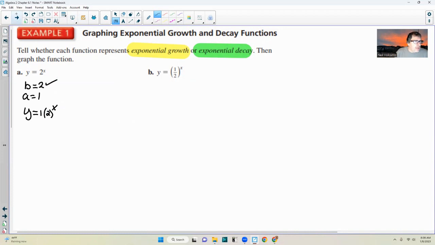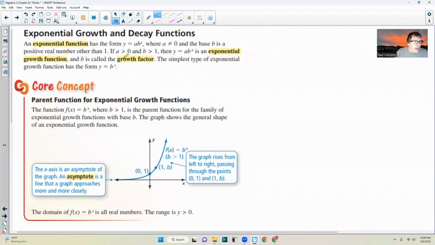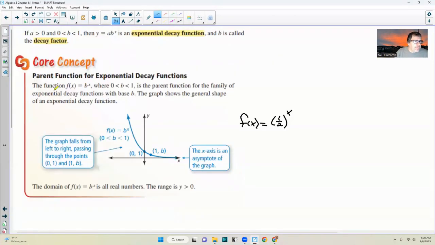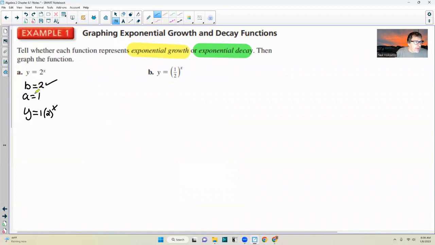And when B is 2, if I go back, okay, if B is greater than 1 and A is greater than 0, A is 1 in our case, B is 2, then it is an exponential growth function. Okay, so A is greater than 0. So I'm going to put that 1 is greater than 0, and 2 is greater than 1. Therefore, this is growth.